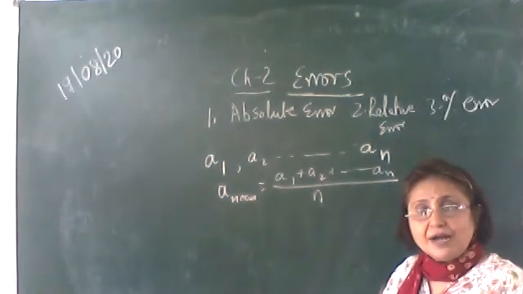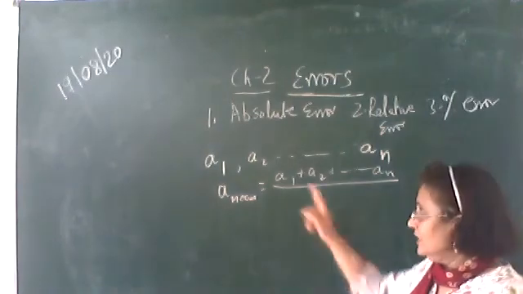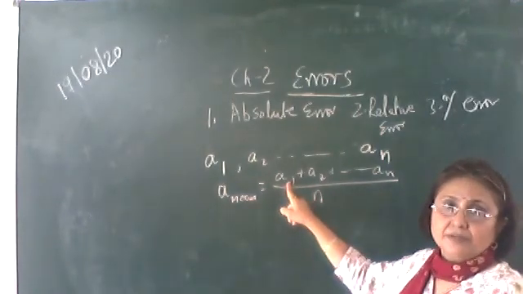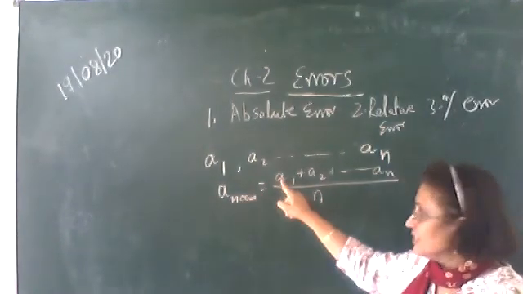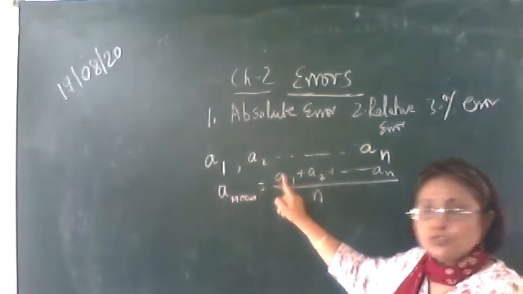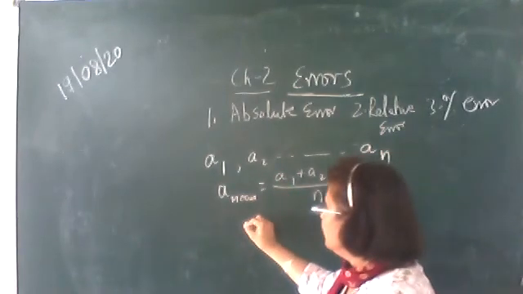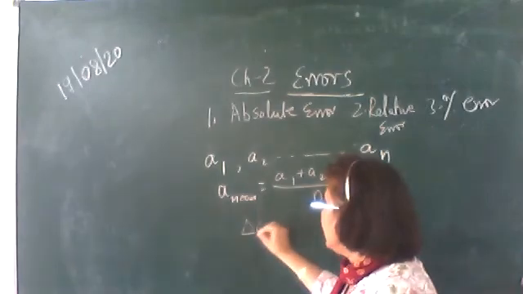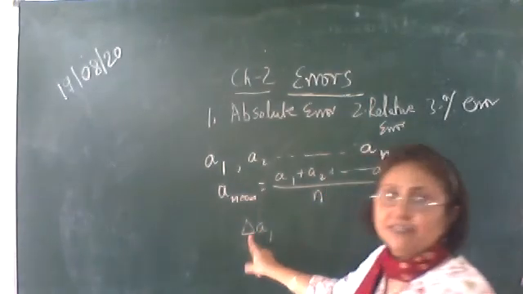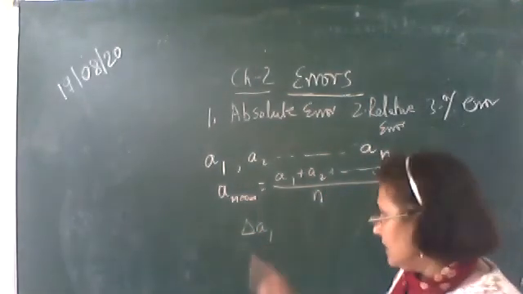Now we'll find the absolute error in each measurement. This is the true value, this is the first measured value. So what will be the absolute error in the first measurement? We write it as delta A1; this triangle is the symbol for delta.